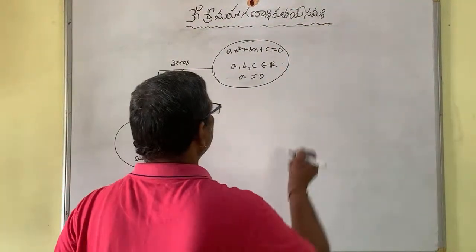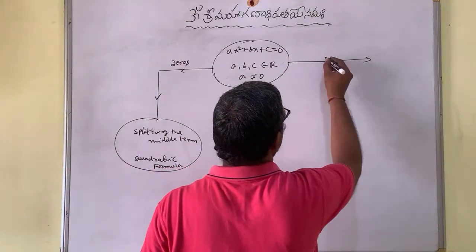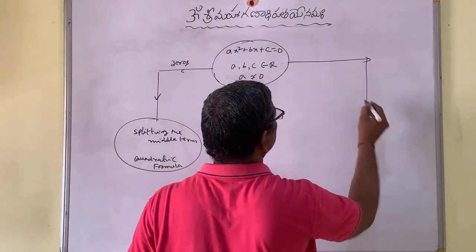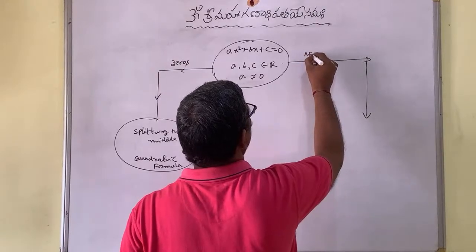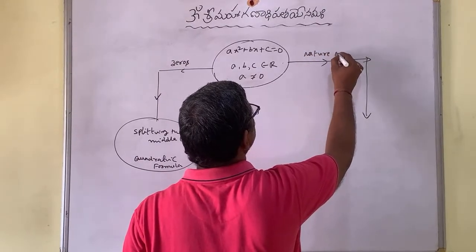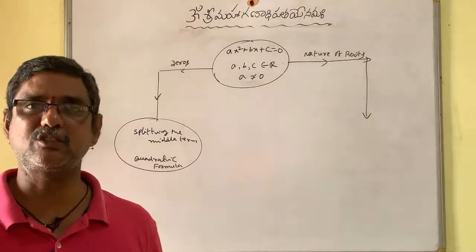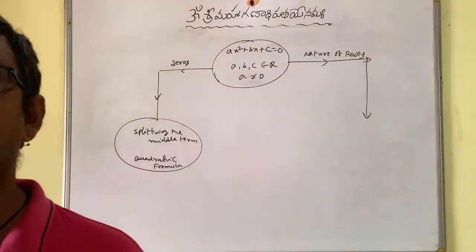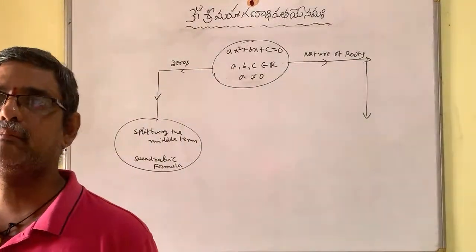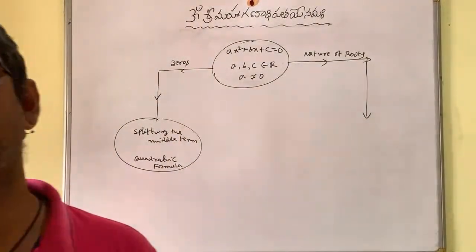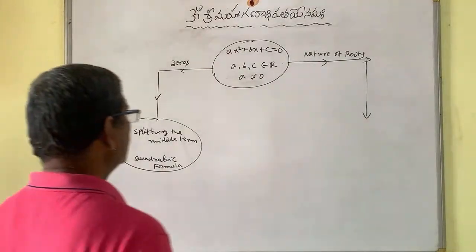What is the other concept it is having? Nature of roots. Roots means nothing but zeros. Nature of roots means it is nothing but zeros. In nature of roots, what do we learn?